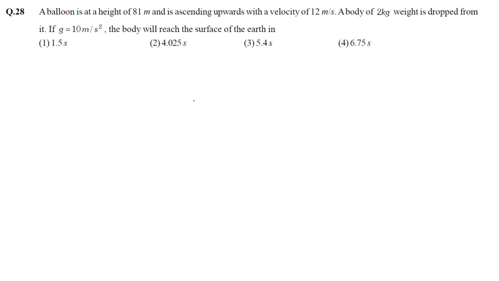Okay, so now the balloon is ascending upwards with a velocity of 12 meter per second, and now it is at a height of 81 meters from the ground. A body of mass 2 kg is released. Now the g value is 10 meter per second square, they are asking us to take. The body will reach the surface of the earth in.